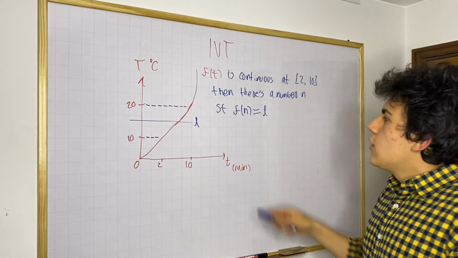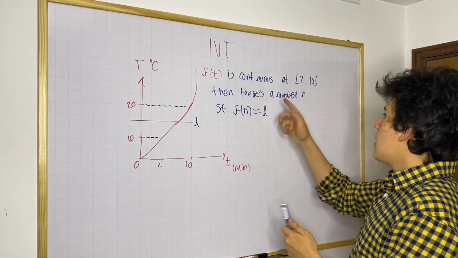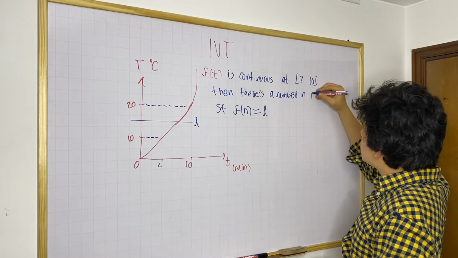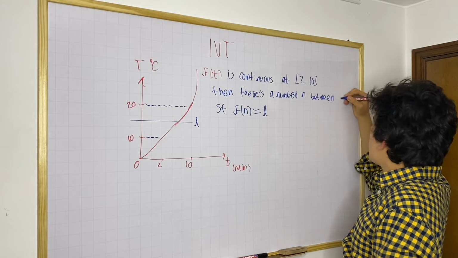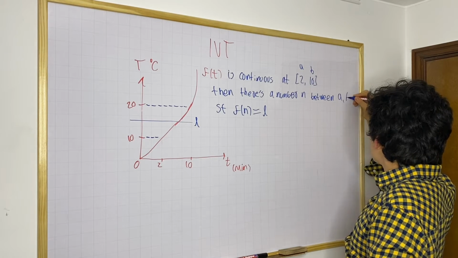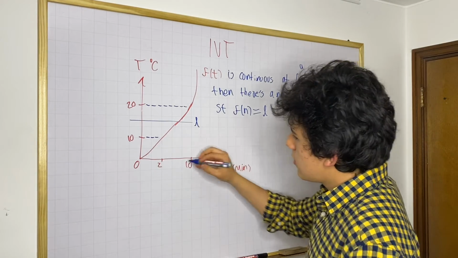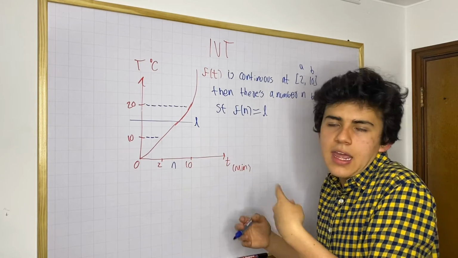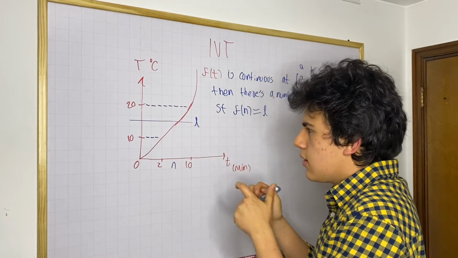Okay? So basically what we are stating here is that, and here I need to specify that there's a number n between that interval, maybe this is a and b, such that the number n gives a y value for temperature between 10 and 20.